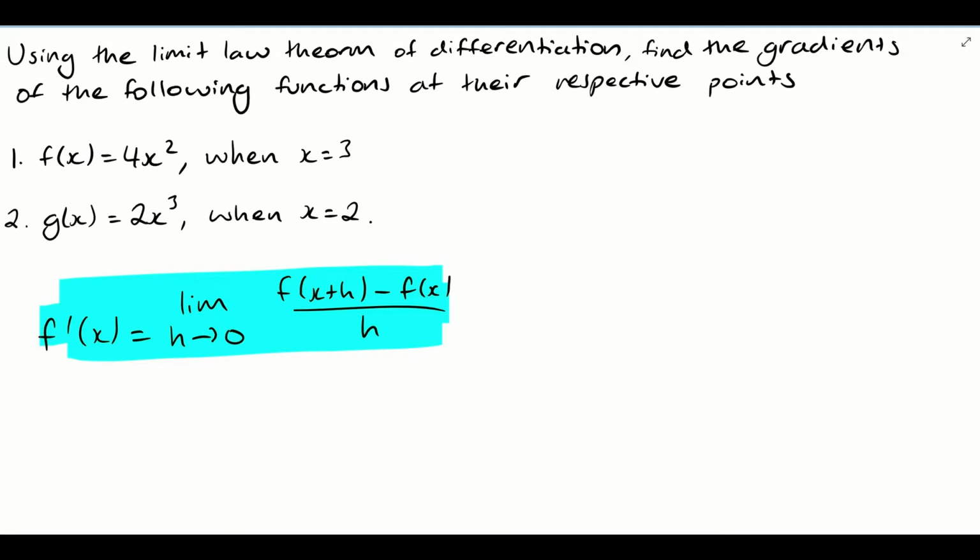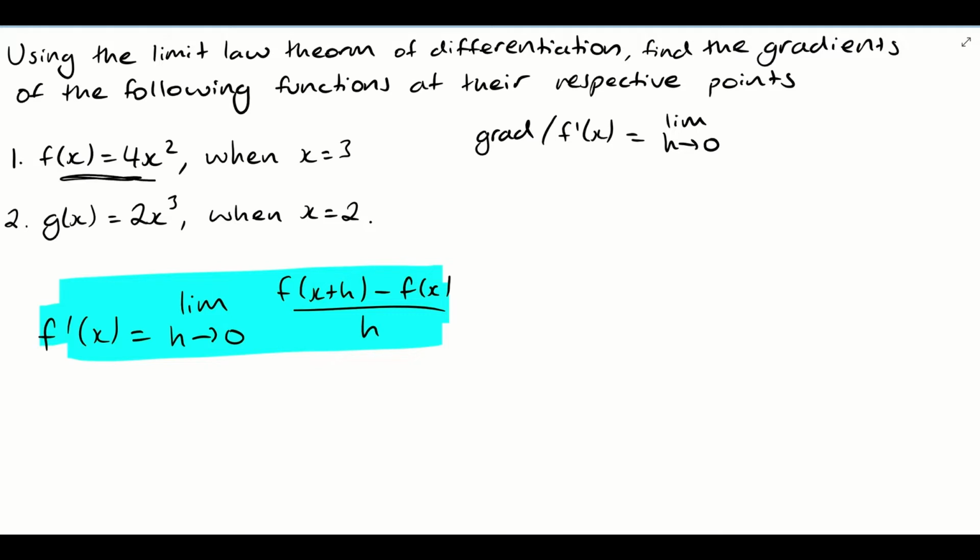So we'll start off with question 1, which looks at f of x being equal to 4x squared, and we're trying to find the gradient of that function when x is equal to 3. And we're going to use the formula that we've highlighted in blue. So the gradient, or the derivative of x, is a better way of saying it, in this case, is going to be the limit as h moves to 0 of f of x plus h.